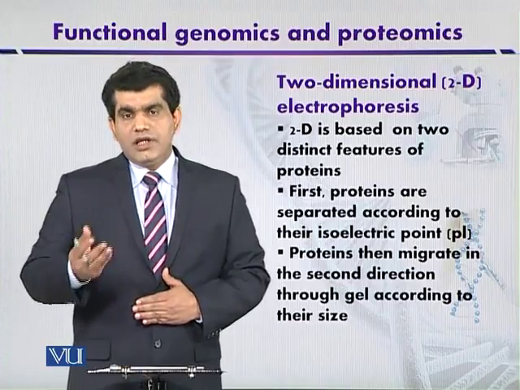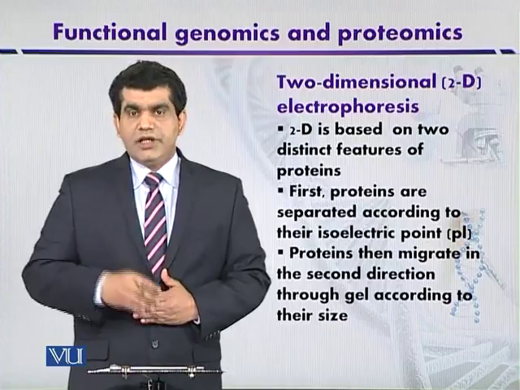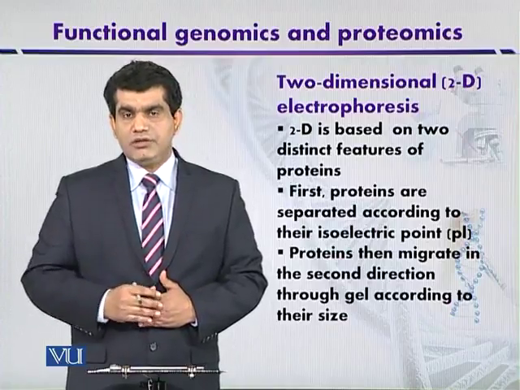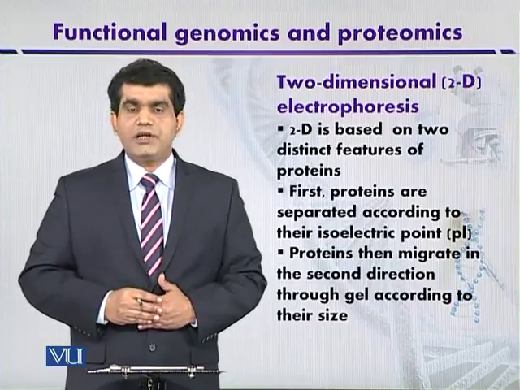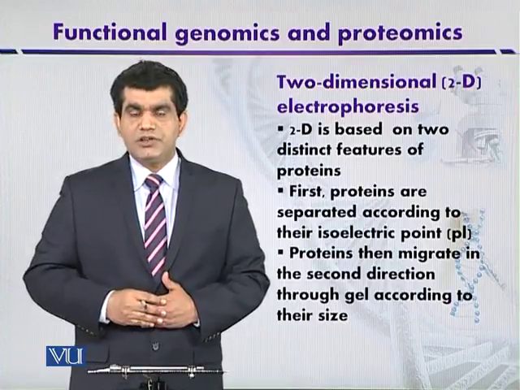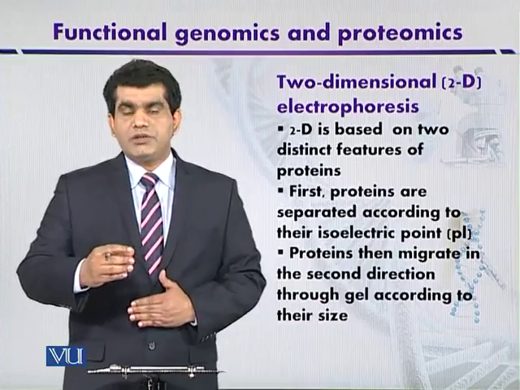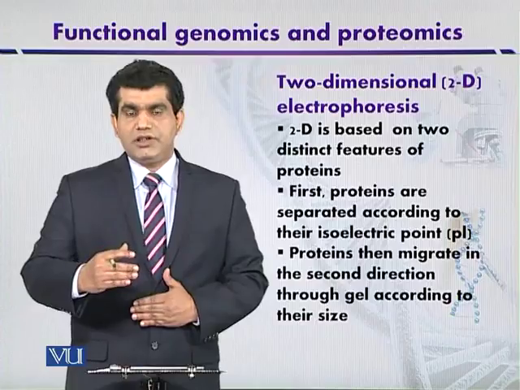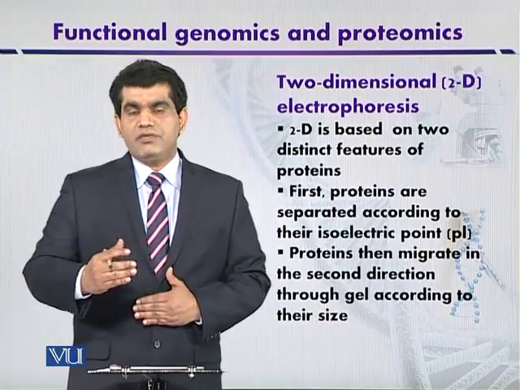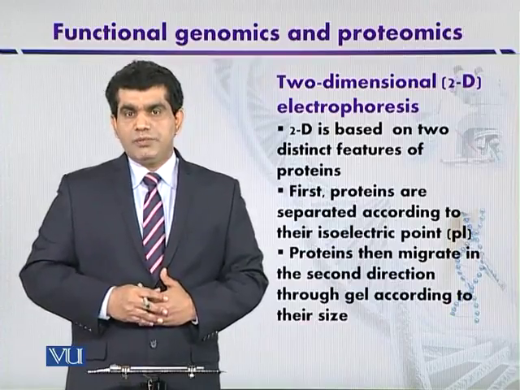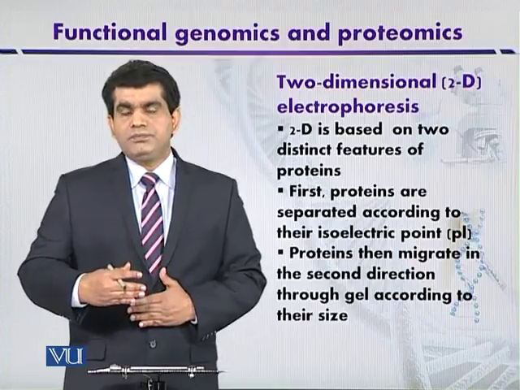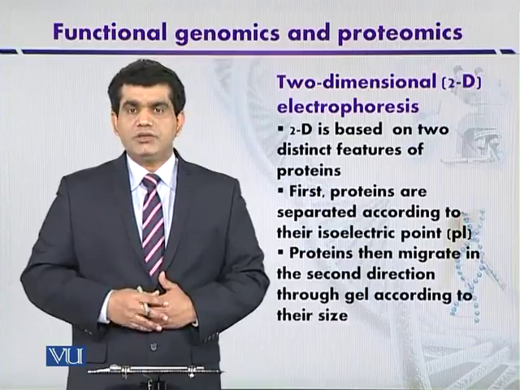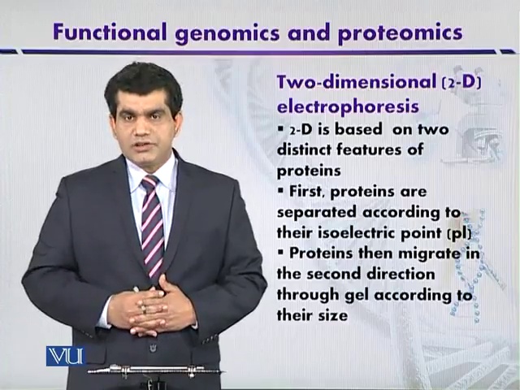So like the RNA molecules that can be separated by running on the gel, the same principle can be applied for the proteins. The crude extract of proteins can be separated on the gel so that we can get different bands, and then those bands can be excised and further evaluated for the structure by applying other techniques.